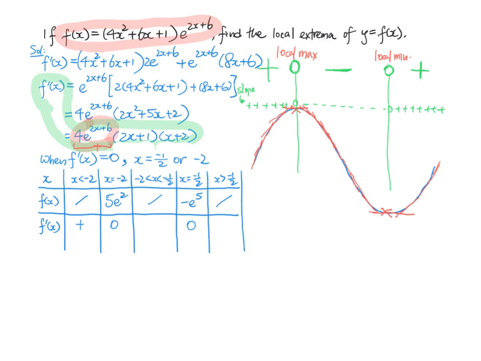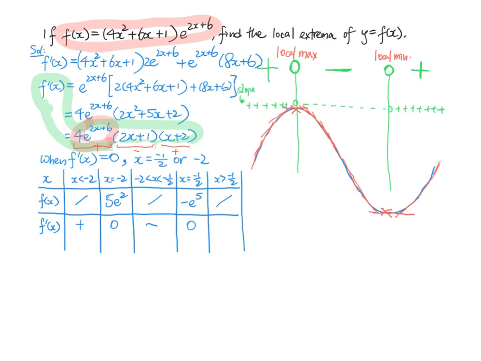When x equals to -1, the derivative, again, the first part would just be positive, and this one would be negative, but this would be positive. So positive, negative, positive, that gives us negative.